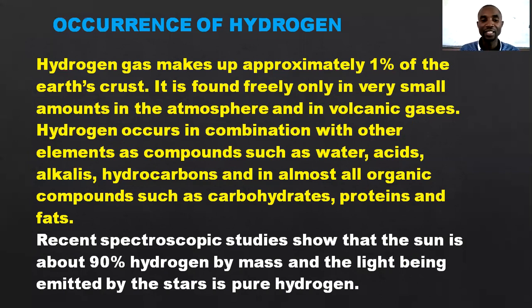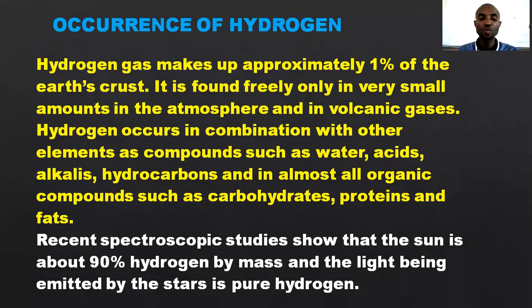Water contains hydrogen, acids contain hydrogen, alkalis contain hydrogen, and hydrocarbons contain hydrogen and carbon. And almost all organic compounds such as carbohydrates, proteins, and fats contain hydrogen also. So it occurs in combined state in all of these compounds.